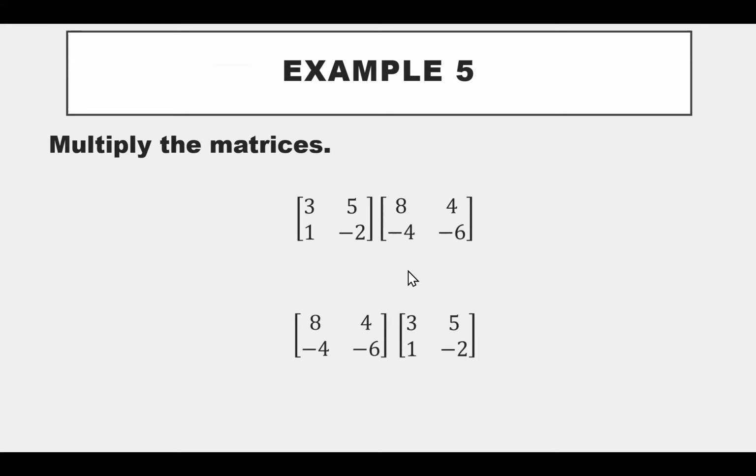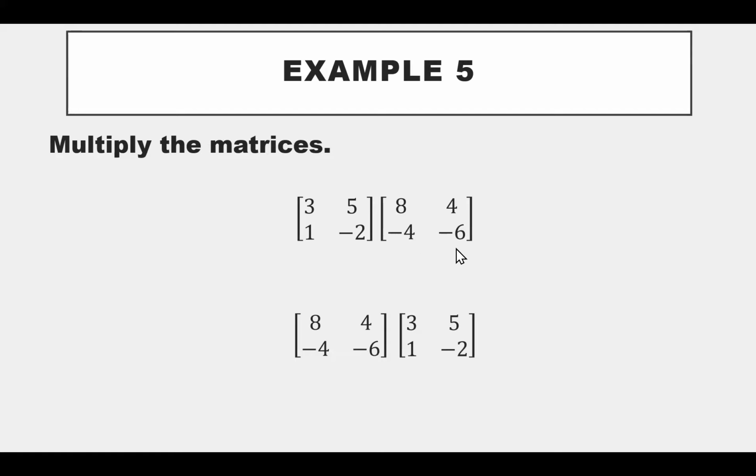So let's go ahead and do an example. Here we're taking these two matrices and we're going to multiply them. Notice that I don't have the multiplication symbol here. Anytime we have two matrices right next to each other, it's implied that we are multiplying. So go ahead, push pause on the video if you'd like, and do these problems.